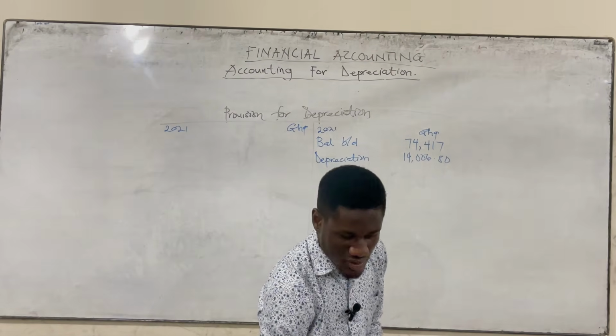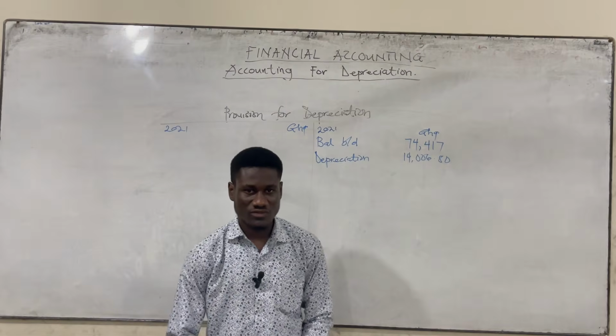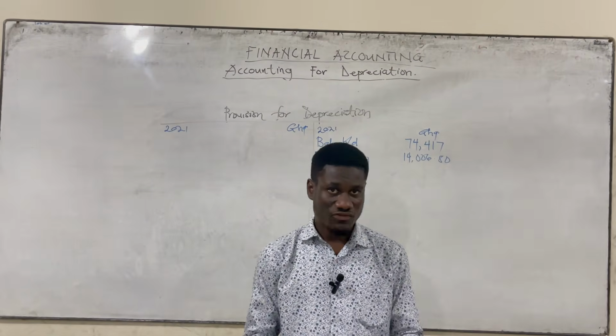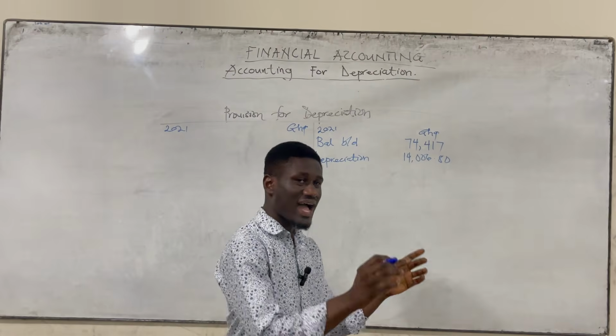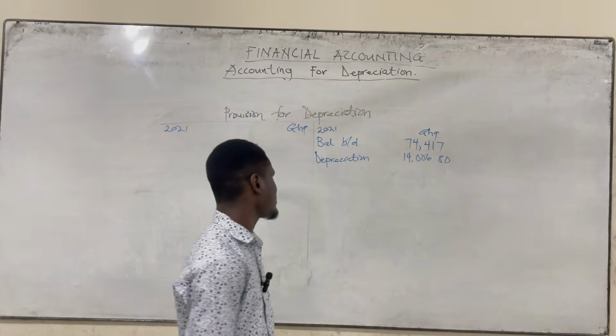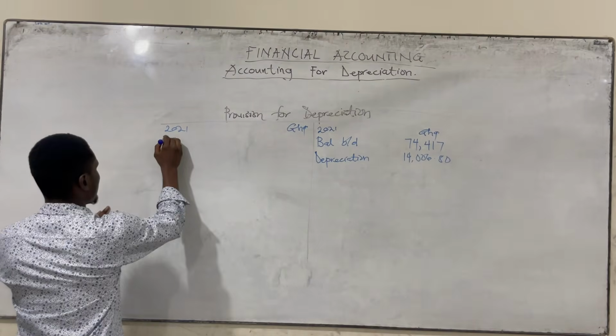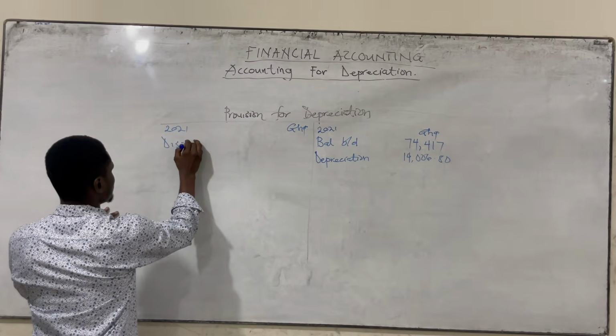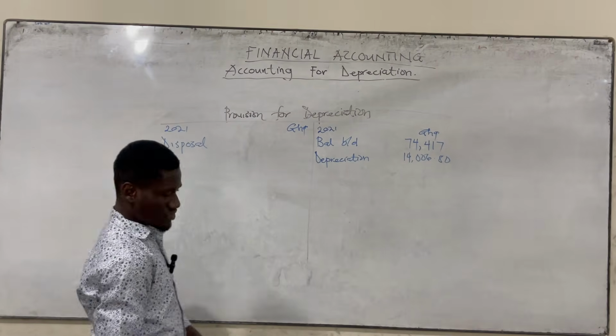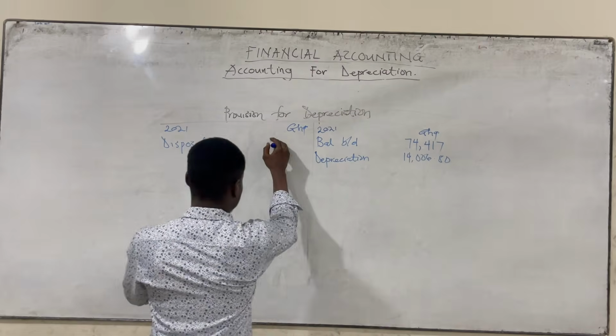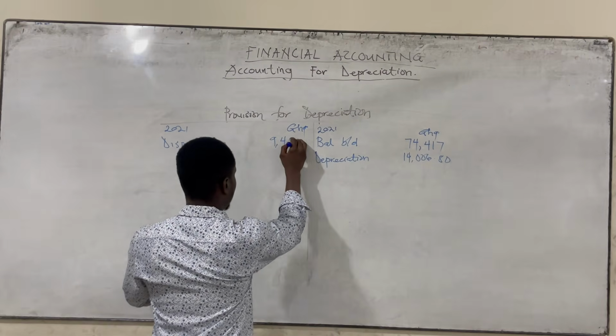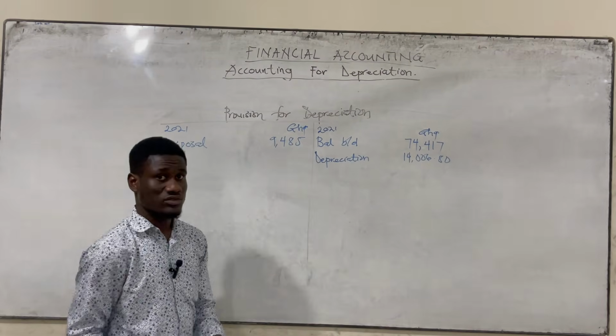Good. So when we come here, we had 9,485 for the total depreciation of the asset sold. So when we come here, disposal, we are going to write 9,485. Do you get it?